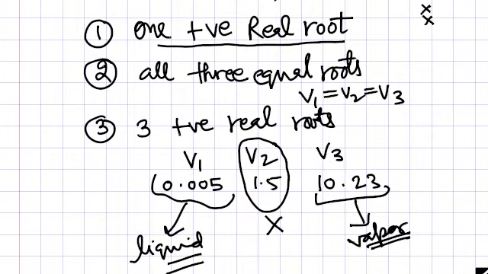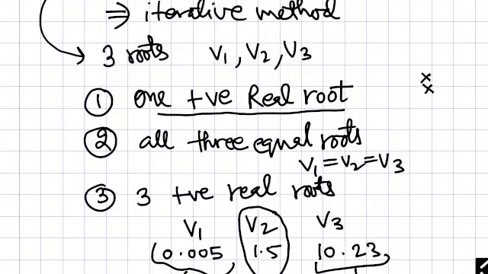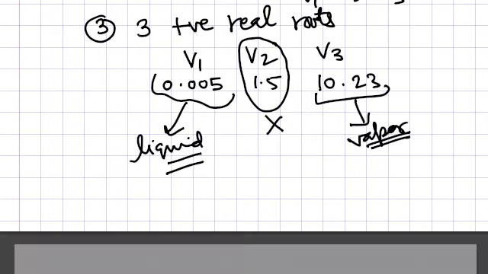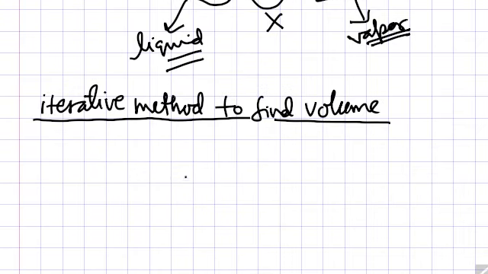Now we have seen how many roots are possible. Now we will discuss the iterative method for this. Iterative method to find volume, and 2 methods are there.